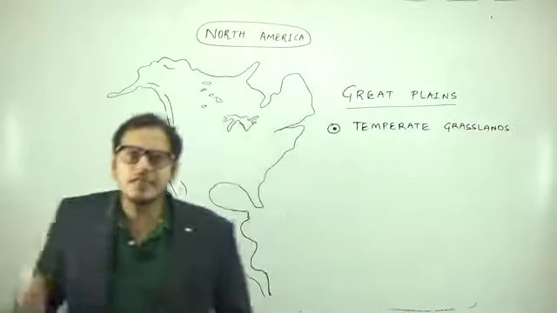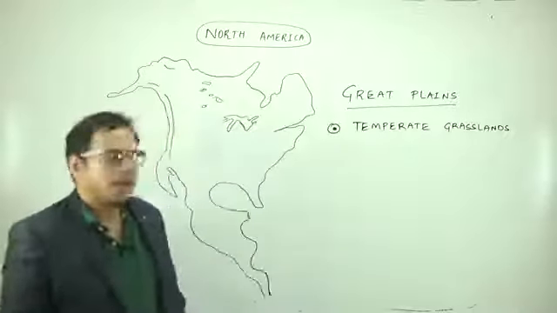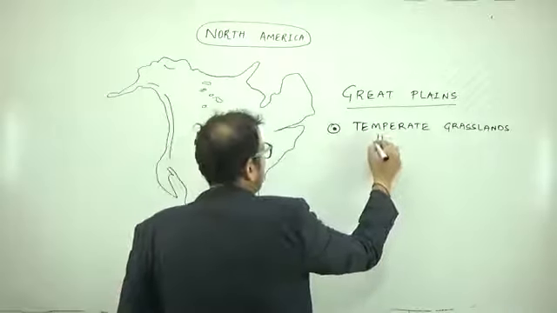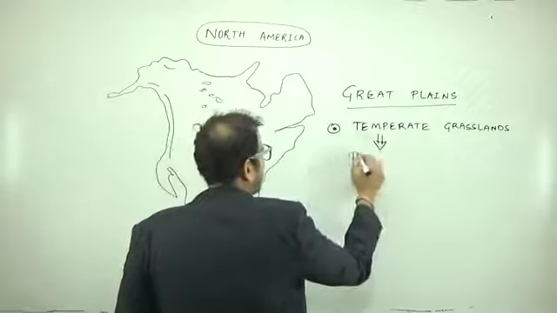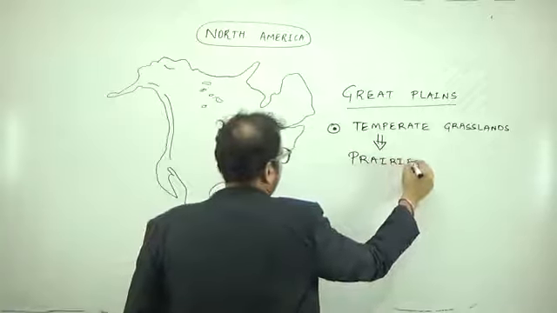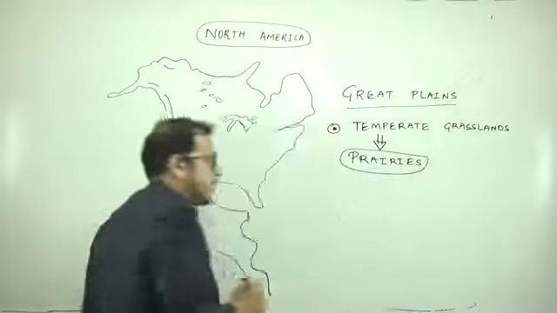Like any temperate grassland, they are known by different names. The Great Plains are made up of temperate grasslands, and these are known as the prairies, the prairie grasslands of North America.